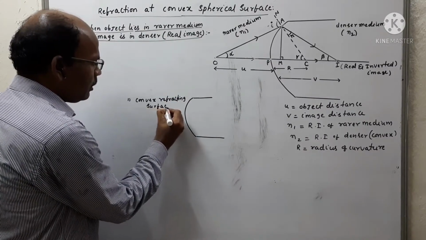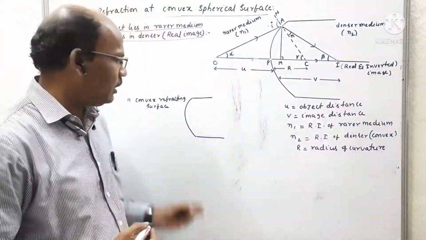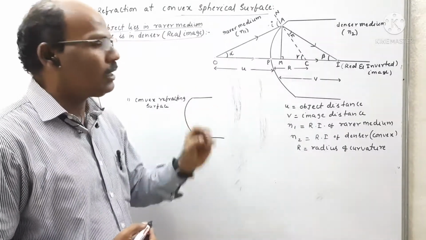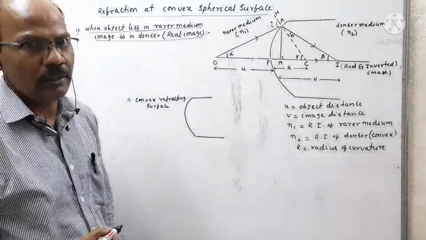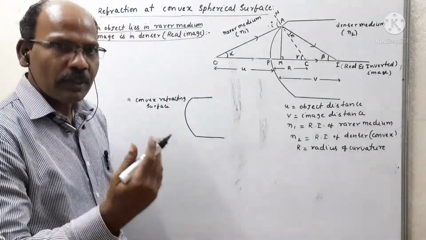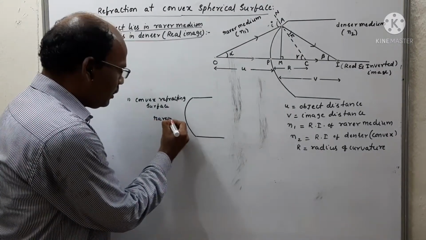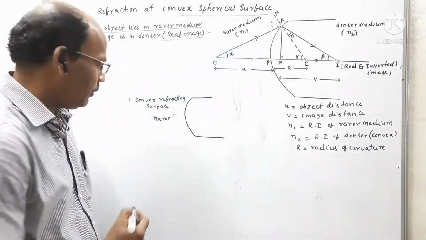That means if the convex surface is facing towards the rarer medium, then that spherical refracting surface is called a convex refracting surface. So this is the convex surface which is facing towards the rarer medium. Such a surface is called a convex refracting surface.